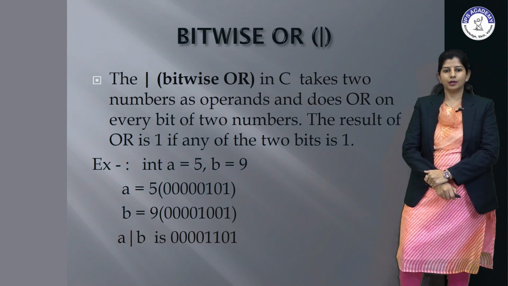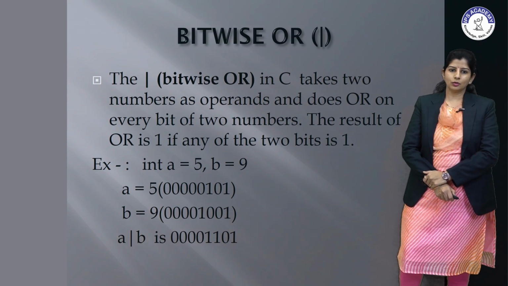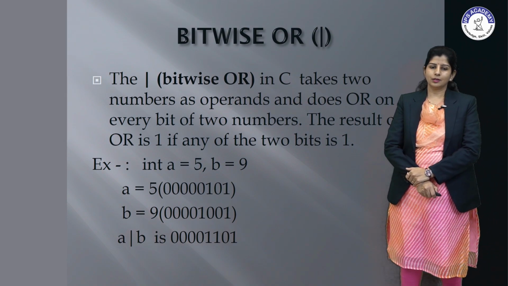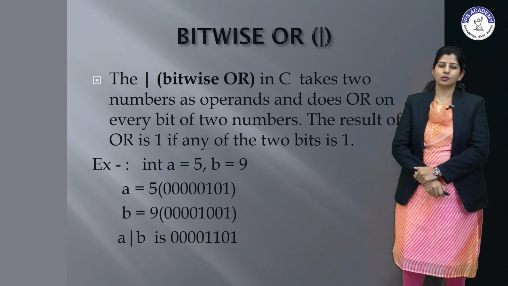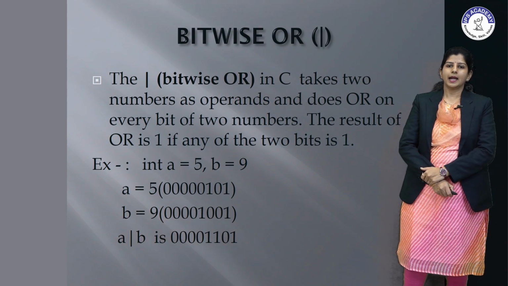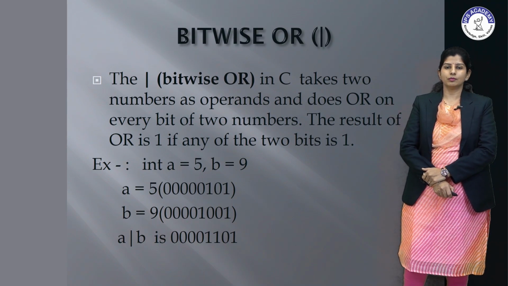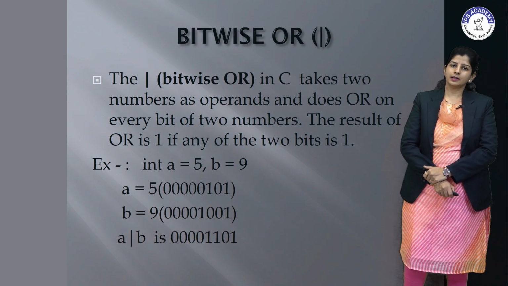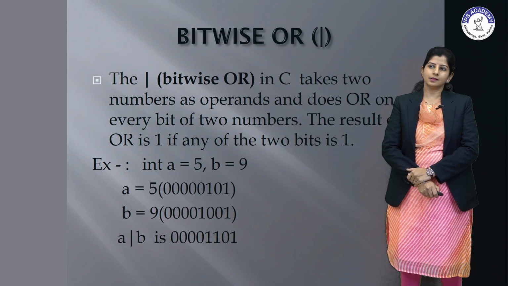So let us see: 1 1 is 1, 0 0 is 0, 1 0 is 1, 0 1 is 1, and all the rest are 0. If any one of the values is 1, then I am getting the result 1. But if both are 0, then the result is 0.